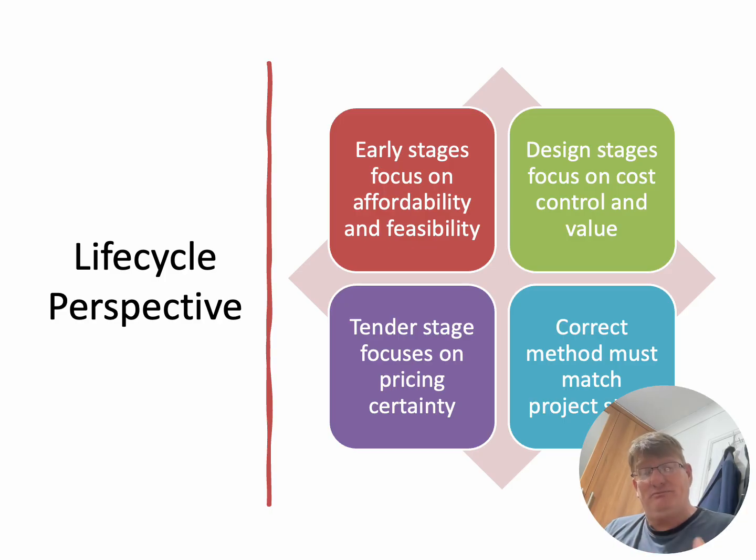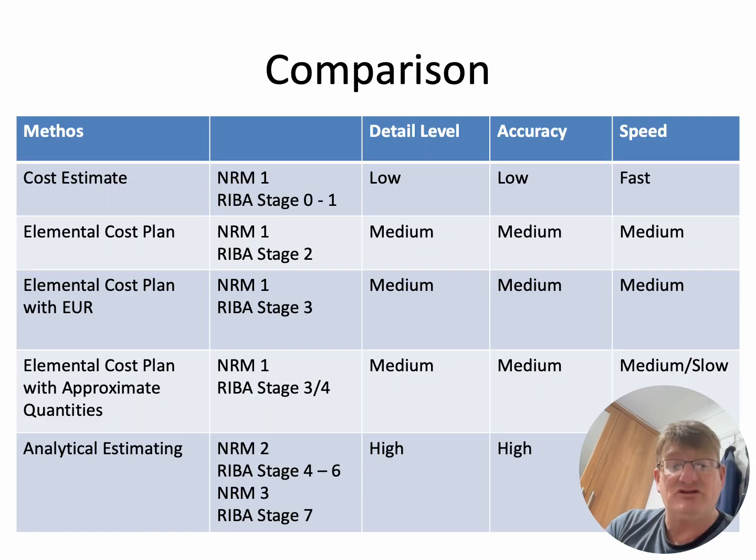Obviously, tender stage could also be stage 7 as well, when you've got the building in use and you wish to create a tender bid situation for maybe some refurbishment or some maintenance works that's required on the building when it's in use. Correct method, okay, must match those project requirements.